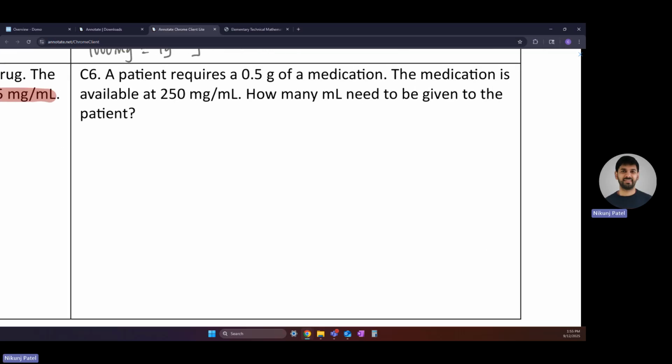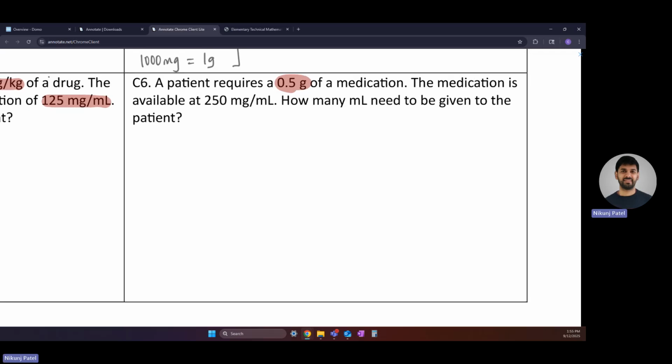Let's try C6 together. This one says that a patient requires 0.5 grams of a medication, and it's available to them in 250 milligrams per milliliter. This is likely a liquid.